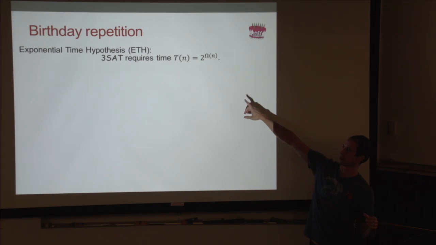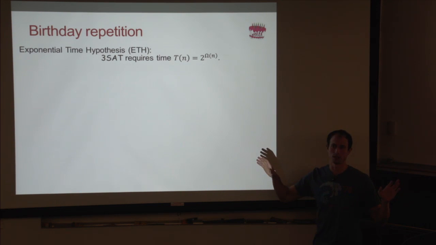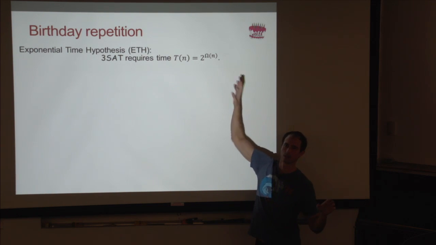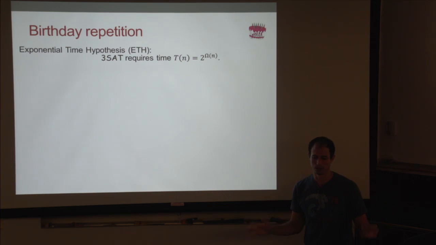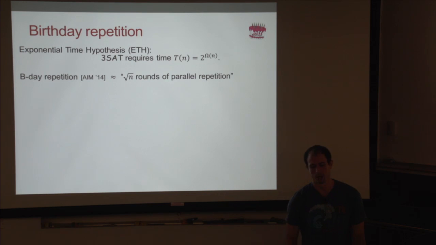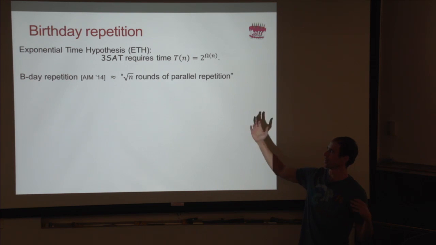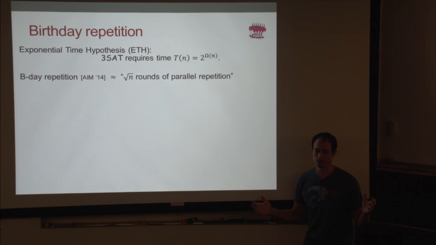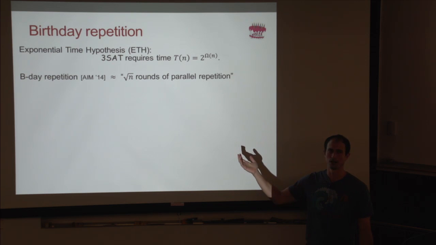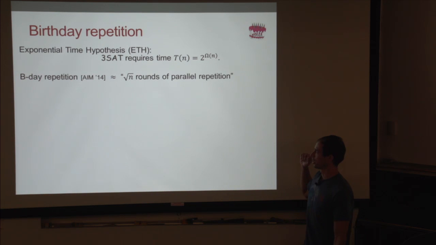I just want to note this is ETH. It's not strong ETH, so it's 2 to the omega n, and we actually need even a little weaker than that. So this really nice technique of Birthday Repetition was, at least the term Birthday Repetition first appeared in Aaronson, Impagliazzo, Moshkovitz, and it roughly looks like root n rounds of parallel repetition.